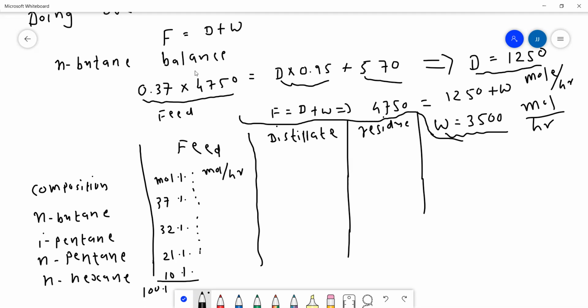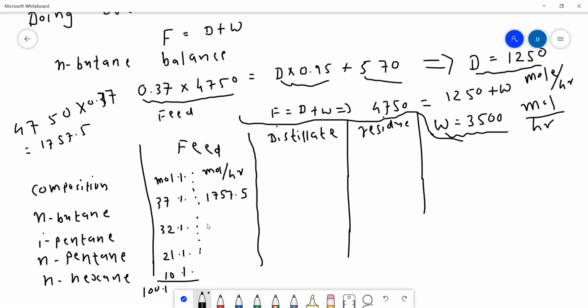So the feed rate is 4750, so you multiply by this fraction. If you multiply by 0.37, you will get 1757.5.